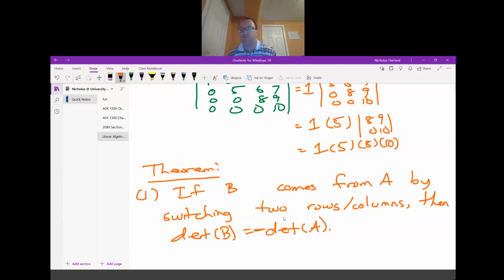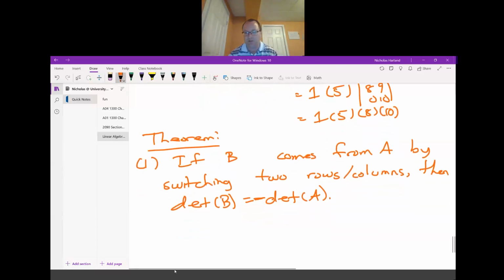If B comes from A by switching any 2 rows or columns, just switching them around, then the determinant flips sign. The determinant will change sign. So again, not ideal. Ideally, there would be no change. But the fact that it just changes to a negative is easy to work with. You just have to keep track that the sign changed.